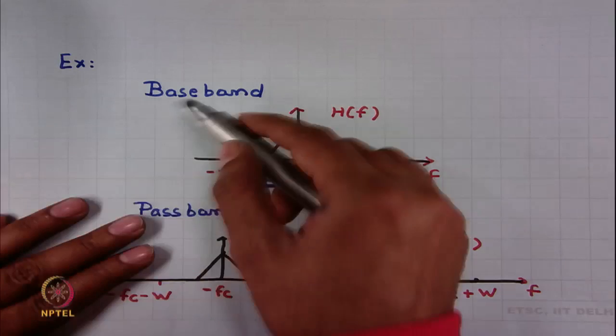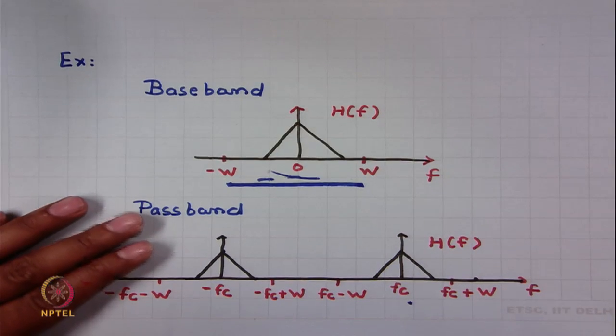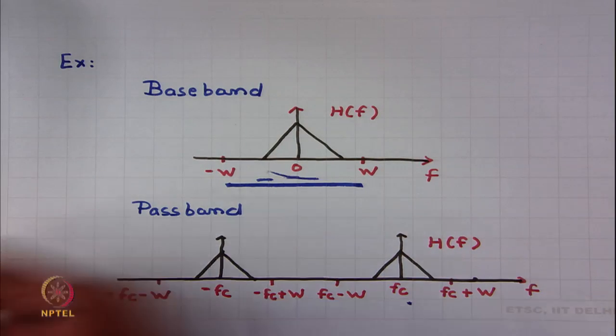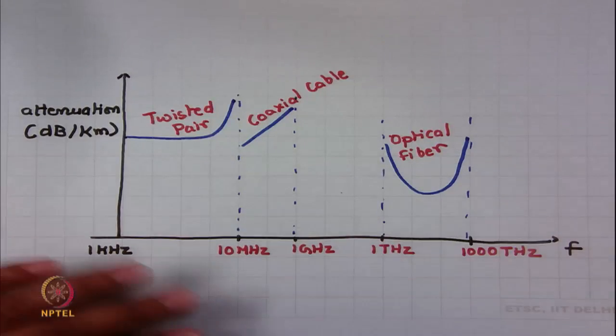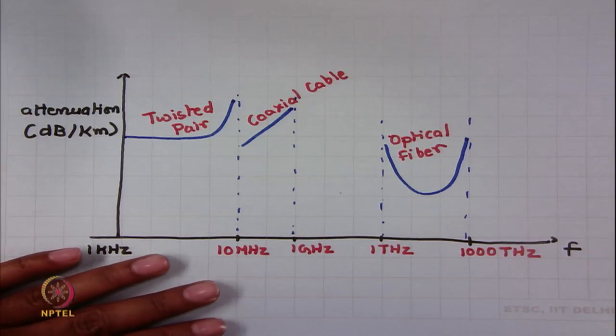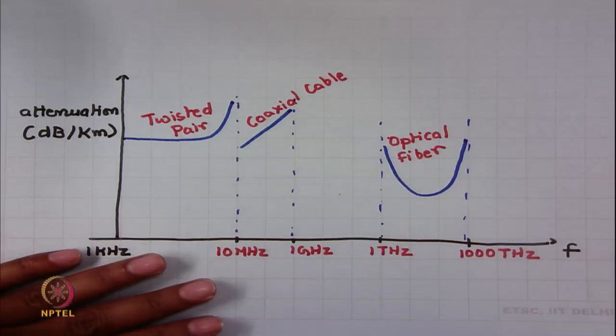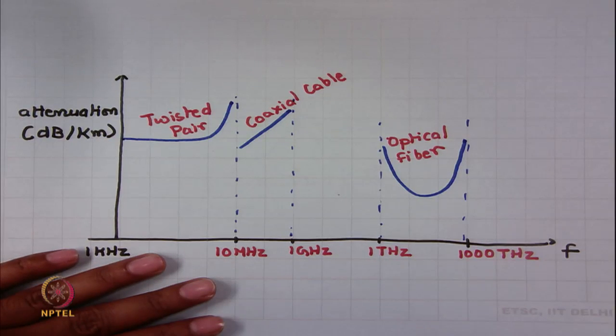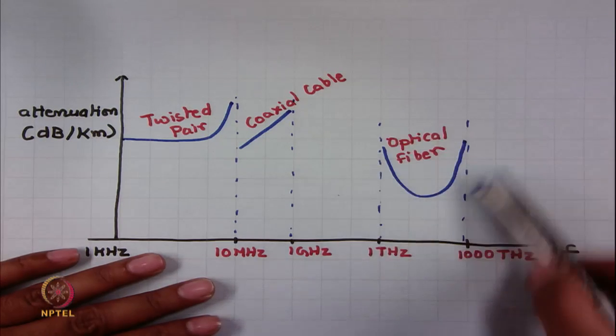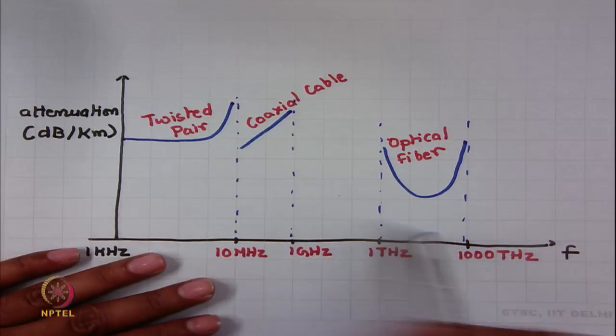And these two kinds of signals and systems are important. We have already seen this picture of attenuation versus frequency profile of various kinds of channels, and here you see that optical fiber has a low attenuation for very high frequencies.